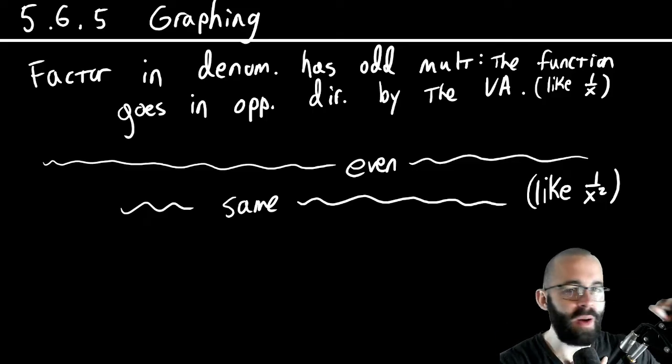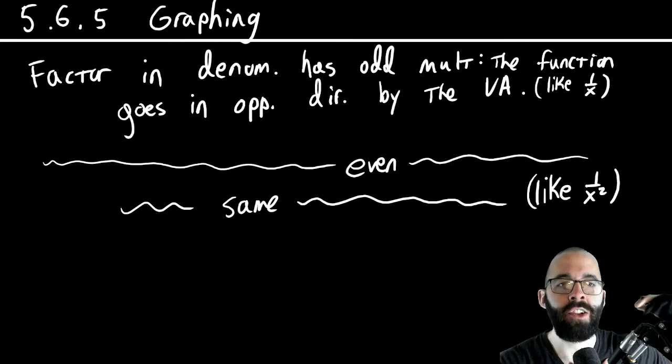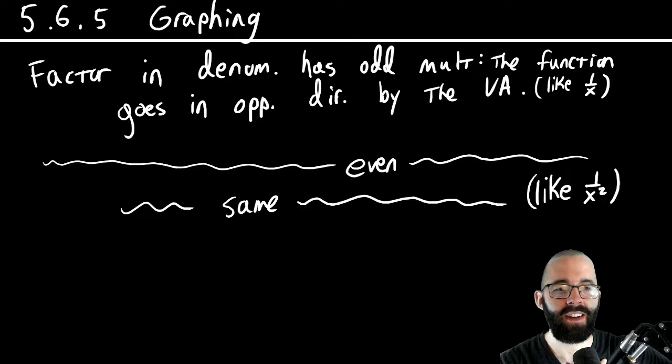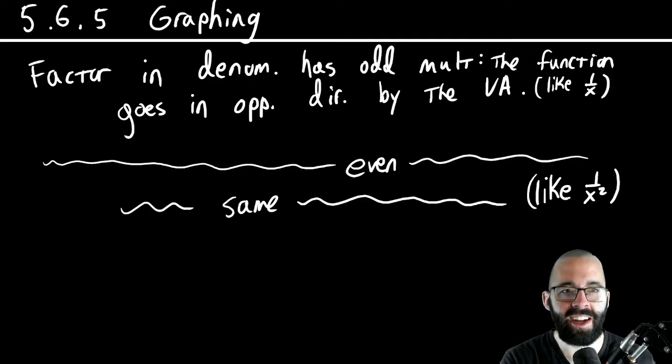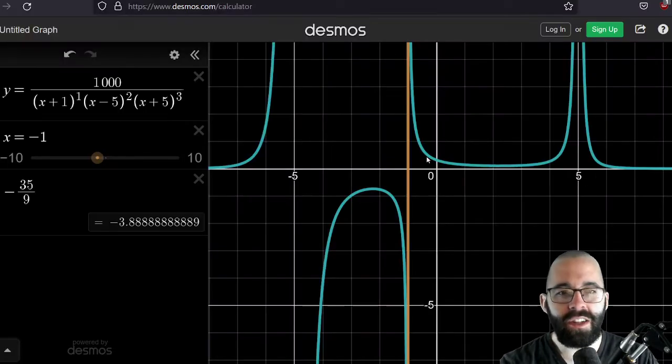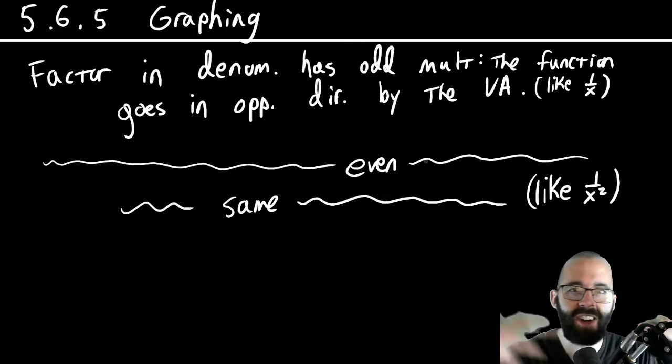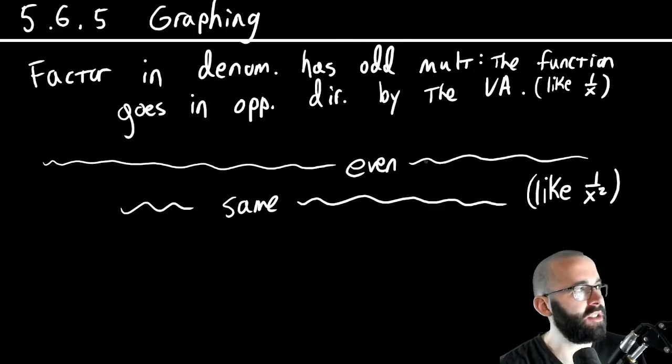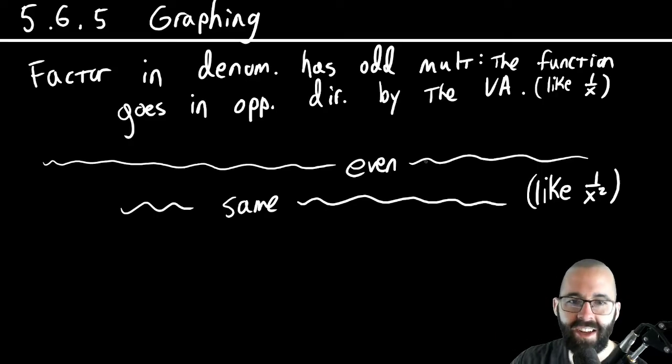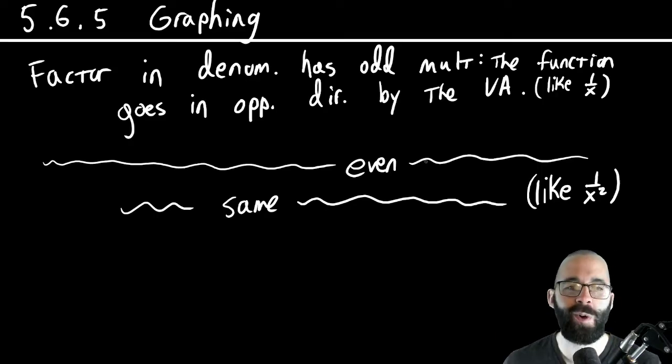Just like when we talked about multiplicities for polynomials, I said locally, if it's even, it behaves like x squared. If it's odd, it behaves like x or x cubed. Well, here it's the same idea. Locally, if we're only looking around that vertical asymptote, it's going to behave like 1 over x or -1 over x or 1 over x squared. So it all ties together. There's the multiplicities popping back in 5.6, just like they were in 5.3, which is kind of cool.